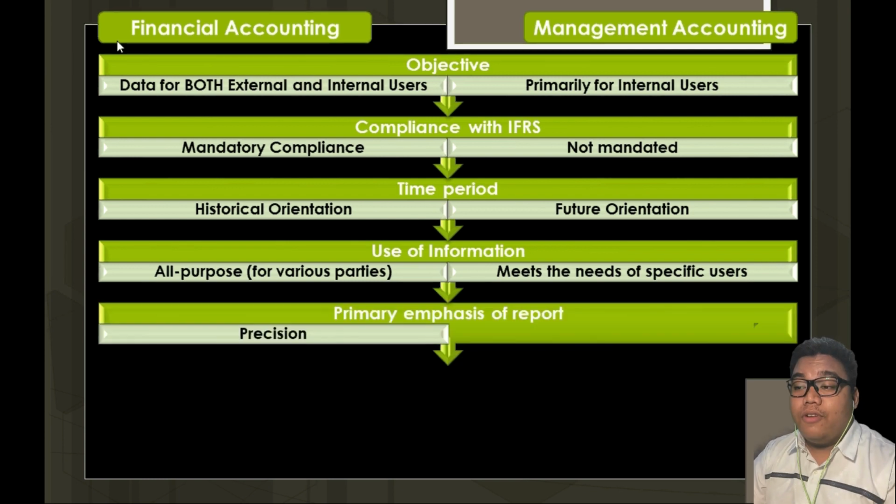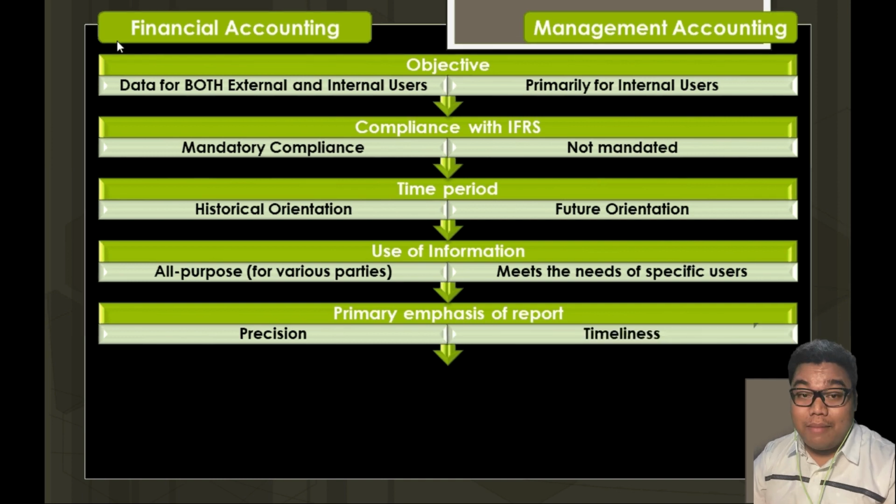So, emphasis of report. The emphasis in financial accounting is precision and compliance with the standards, while in management accounting, the focus is timeliness, that is, provision of the report on time. Because when such a report is provided at another time, it might not be relevant anymore.